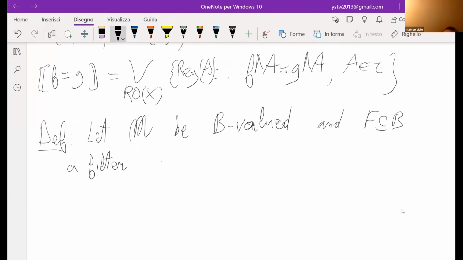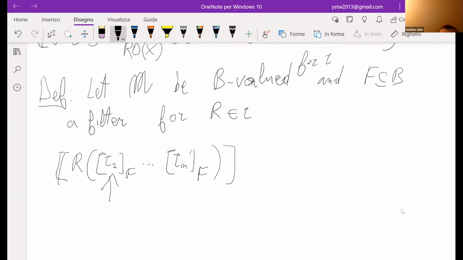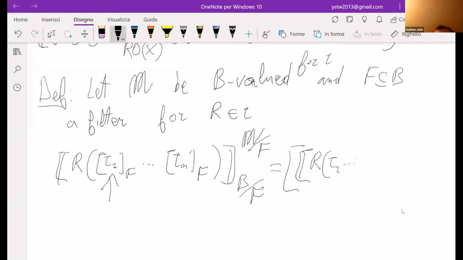For the signature tau, for R belonging to the relation symbols, I set R of the equivalence classes of, well, I still have to define these objects, which I will define soon, in this quotient structure, I just take the equivalence class in the quotient of R of tau 1, tau 1.